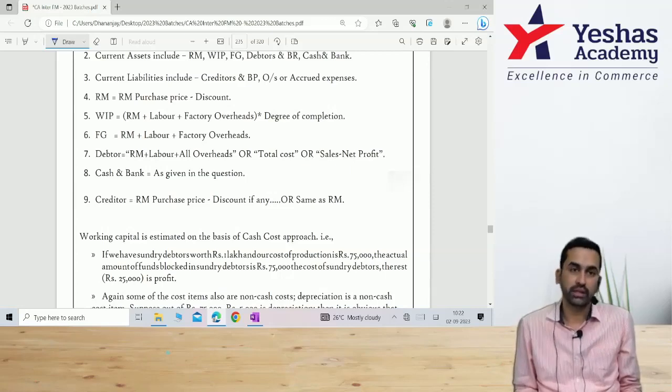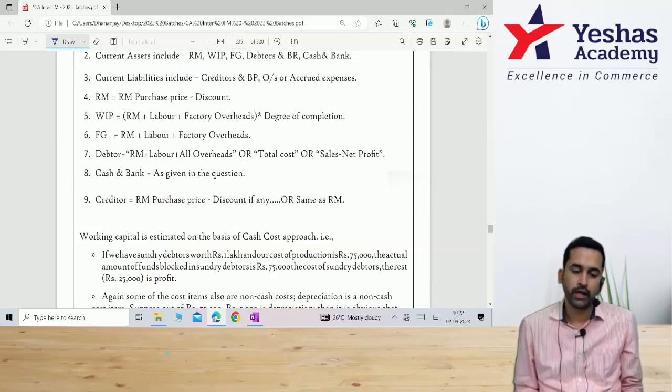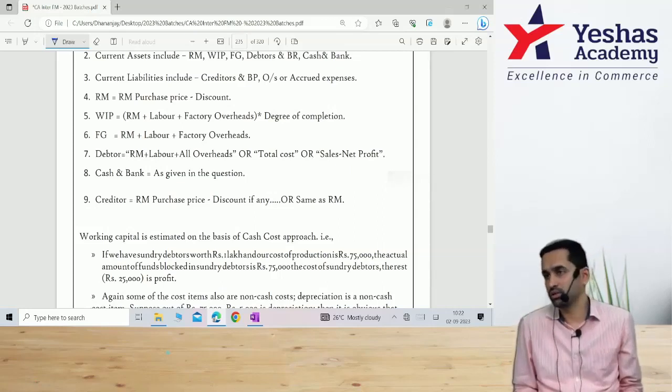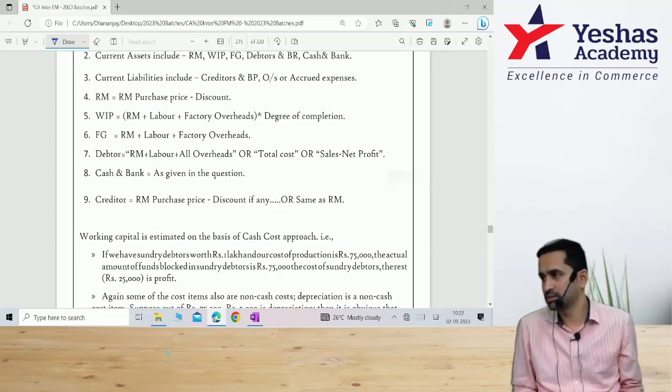But remember again the same logic, cost incurred up to the point of sale is only considered, bad debt etc. are not considered when they say total cost. Cash and bank as given in the question, because more than a formula, it is something that's decided by the company as to how much cash balance they want to keep with them. Creditor will be based on RM purchase price minus discount, which is the same as raw material.